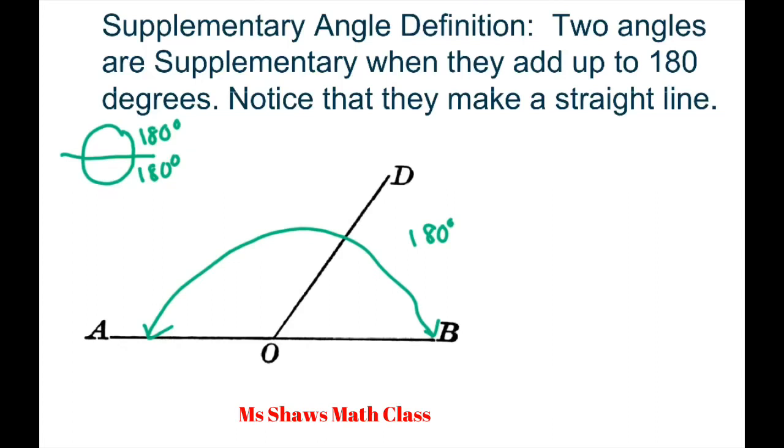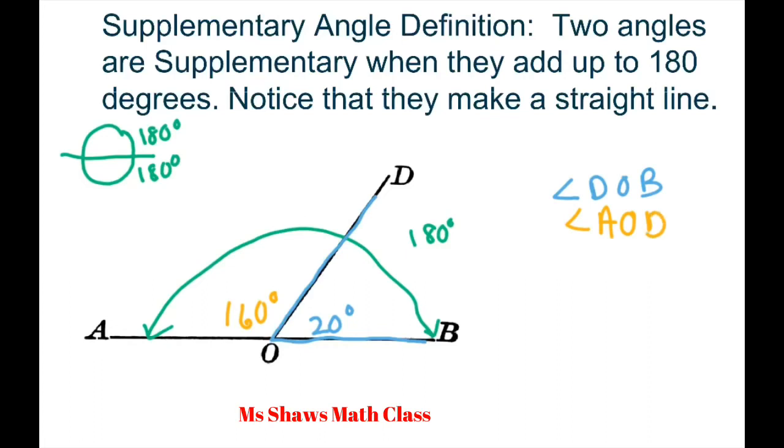So the supplementary angle says, for example, if I have 20 degrees for angle DOB, then necessarily this would have to be 160, because angle, we can call it AOD or DOB or DOA.